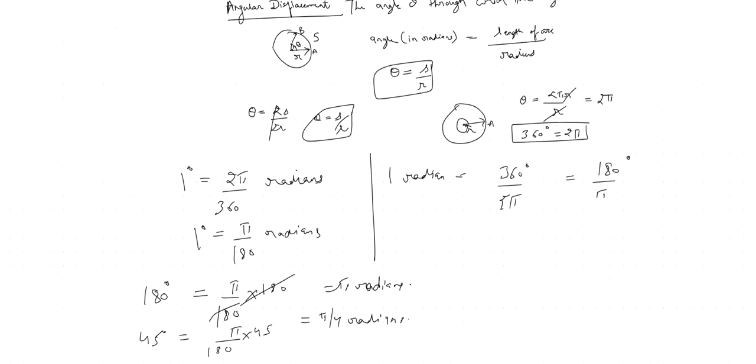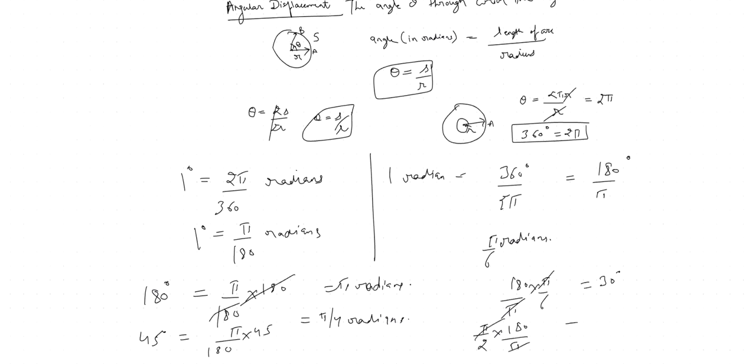Similarly, to convert from radians to degrees, let's say I give you pi by 6 radians and ask you to convert it into degrees. 1 radian is 180 degrees by pi. Pi by 6 radians will be 180 by pi multiplied by pi by 6. Pi and pi cancel out, giving 30 degrees. If I ask you to convert pi by 2 radians, pi by 2 multiplied by 180 by pi, pi will cancel out, giving 90 degrees.